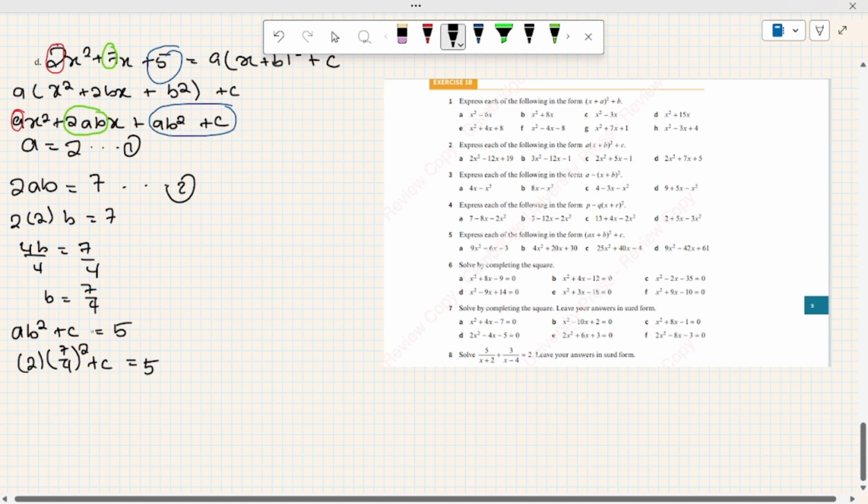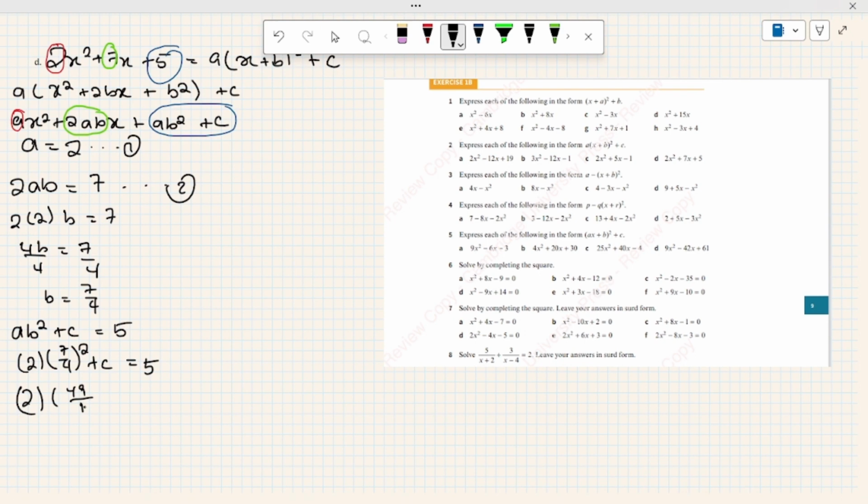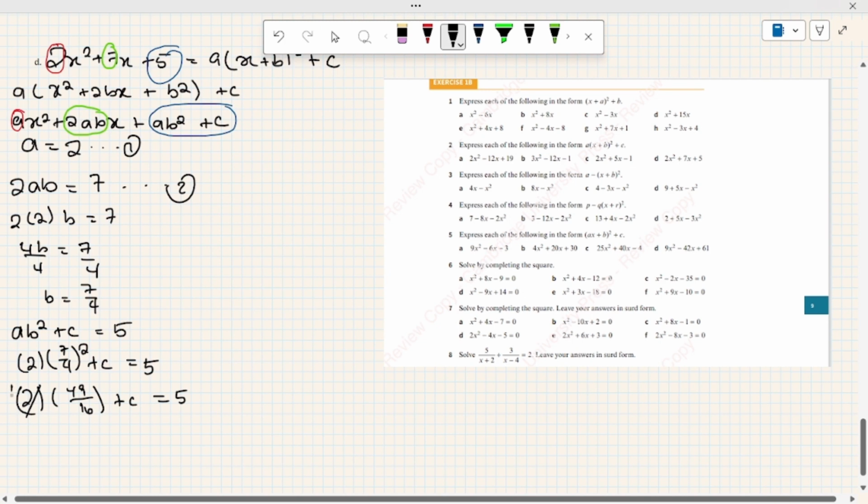So how do you go about this? First, you have to look at the brackets first. Then it's going to be 49 over 16, plus c is equal to 5. Now how many times does 2 go into 2? 1 time. How many times does 2 go into 16? 8 times.